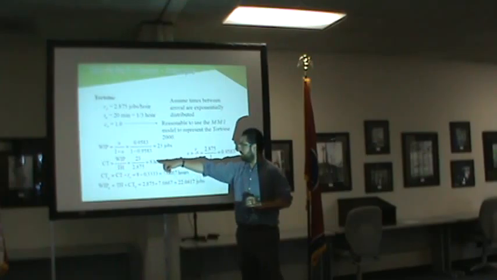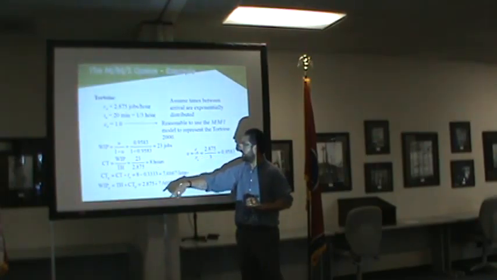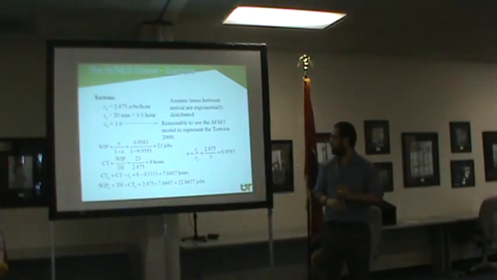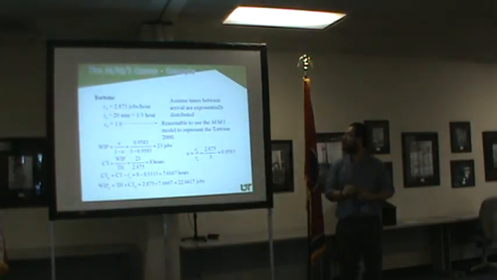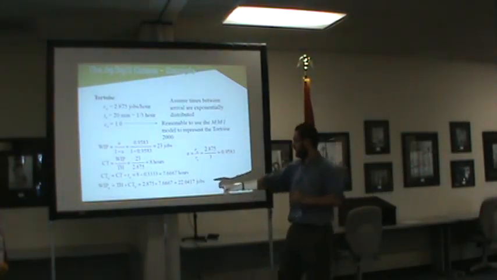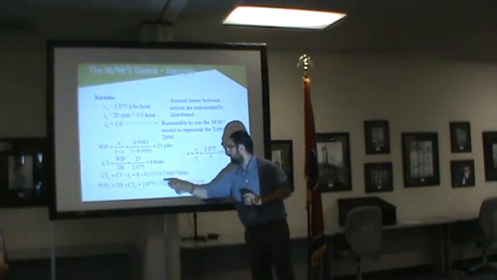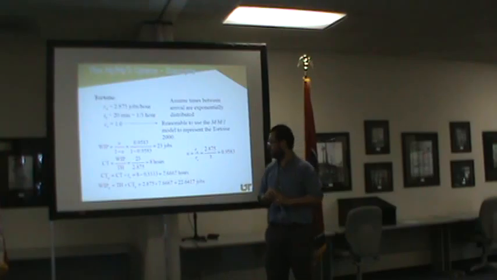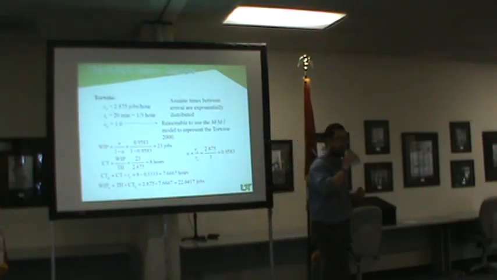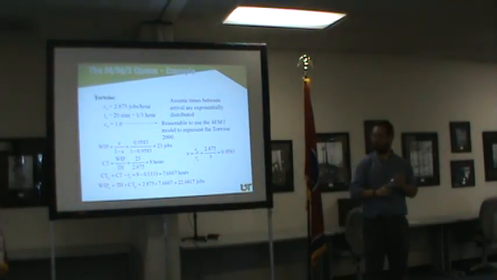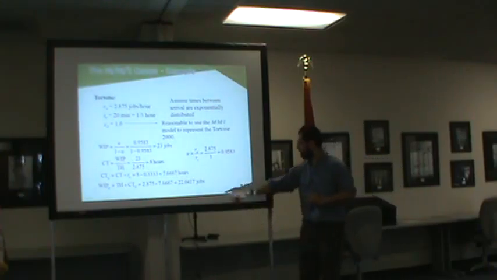So the cycle time is just 23 divided by the throughput, or the rate of arrivals, 2.87. That gives 8 hours, which is the whole shift. The cycle time of the queue is just 8 hours minus 0.33, so it's 7.6 hours, which is fairly long. And then the WIP of the queue, you see?